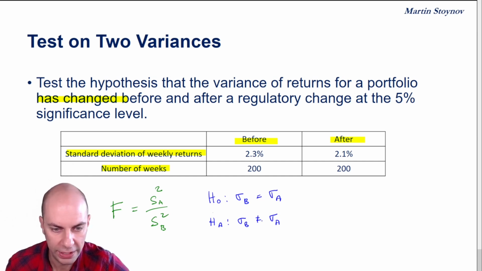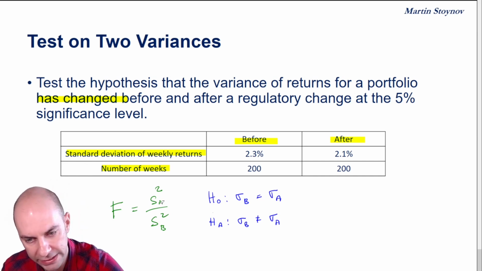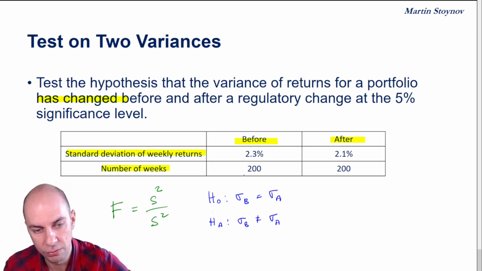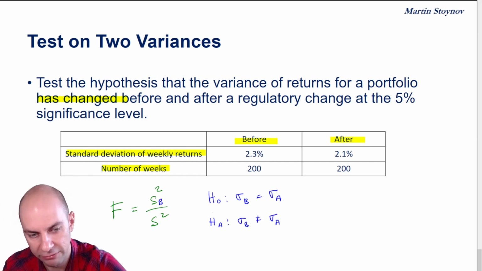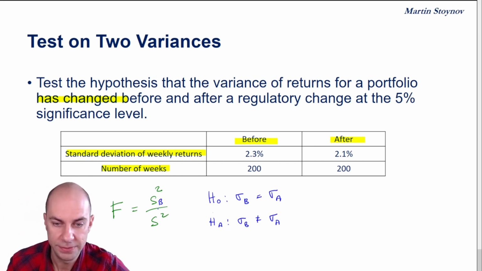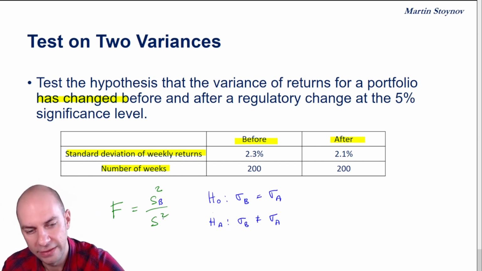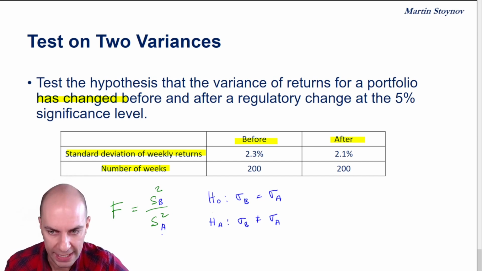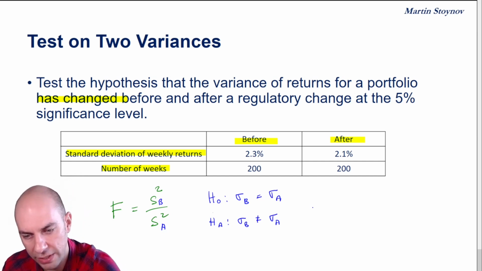Okay, so we've got a two-tailed test. In our case, we'll take the larger number, which is 2.3. So we're going to take the variance before as my numerator, and the variance after as the denominator.